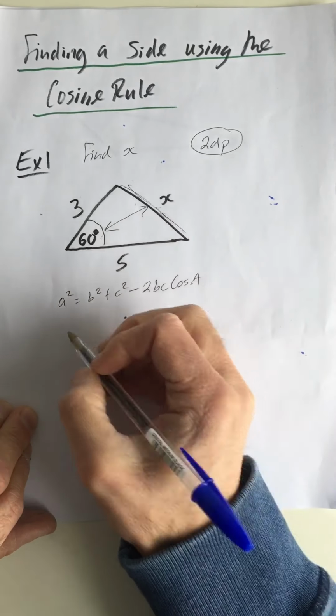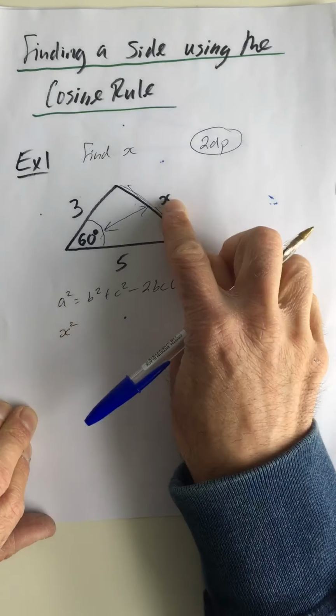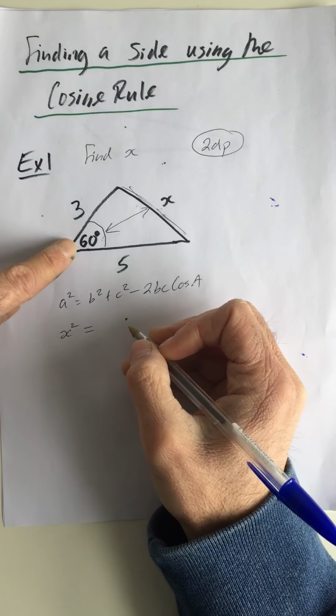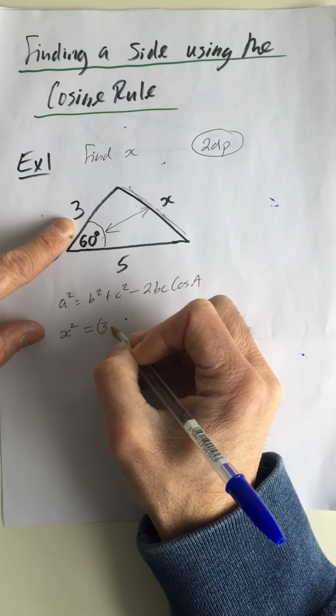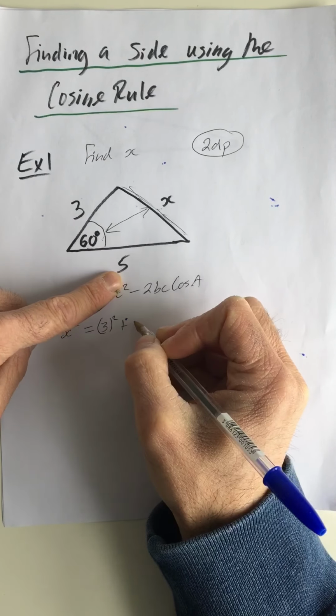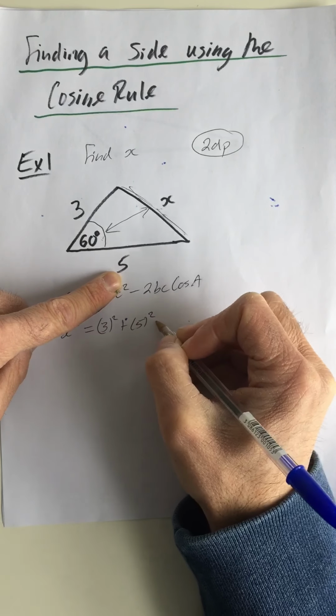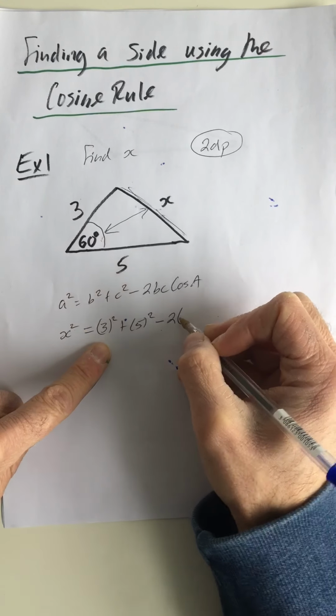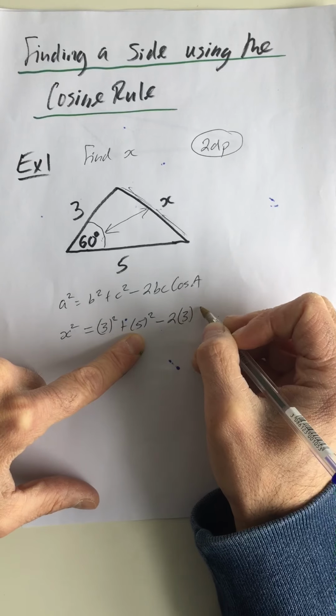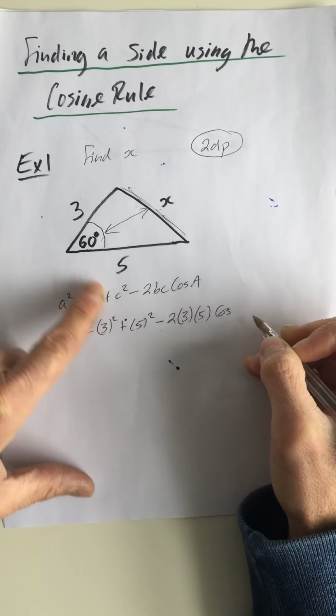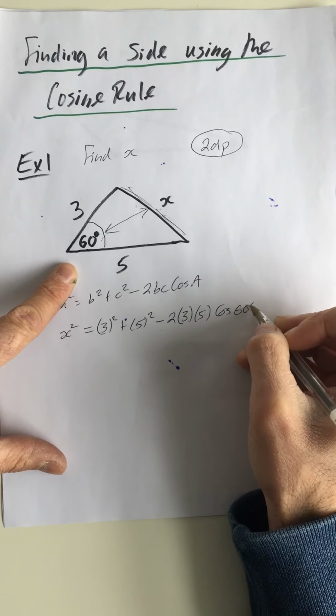I'm going to say x squared is equal to the other side squared, which is 3 squared, plus the other side, 5 squared, minus 2 times that other side 3 by the other side 5 by the cosine of the angle across from x, which is 60.